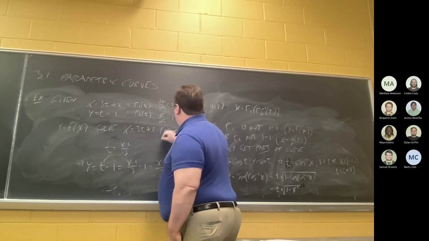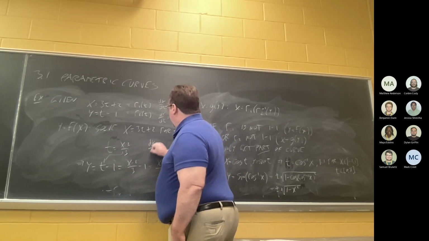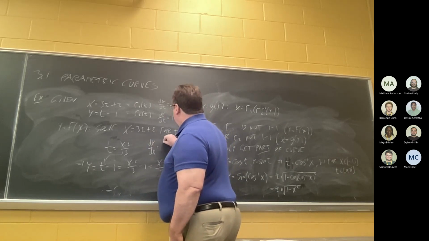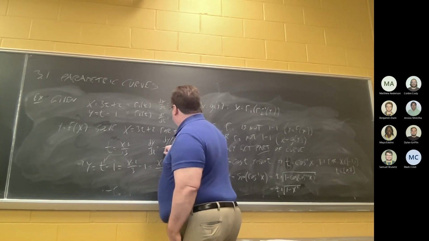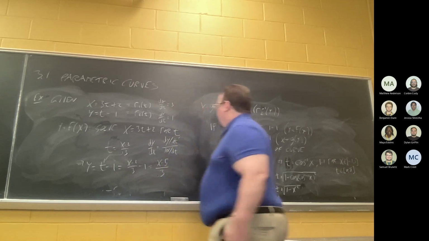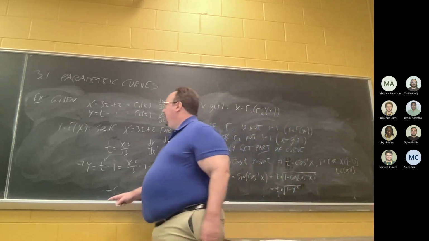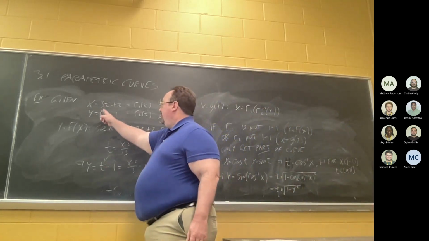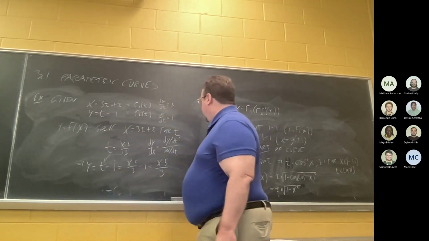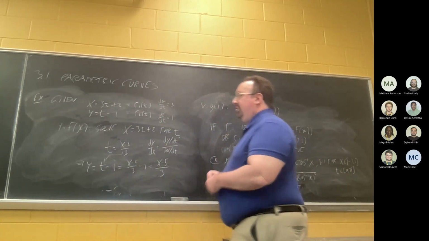And in general, dy/dx is dy/dt divided by dx/dt. We'll talk more about that next time, but it's no accident that if you divide the slopes with respect to t, you get the rate of change of y with respect to x.